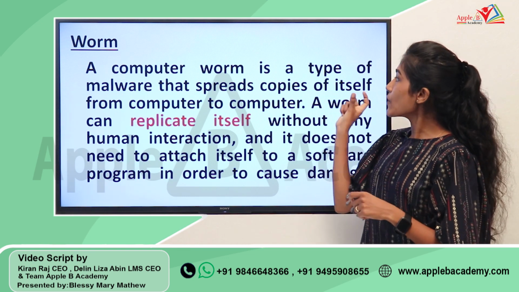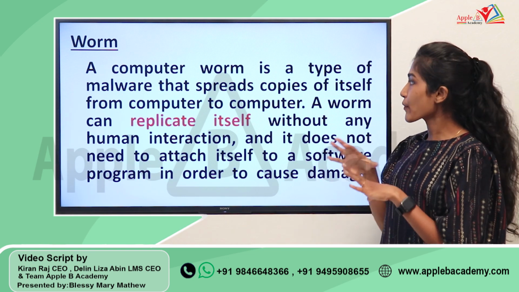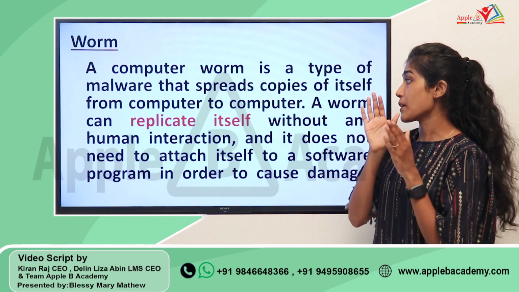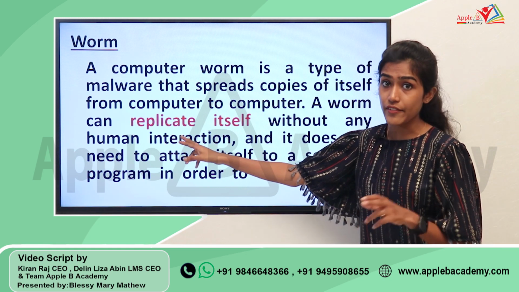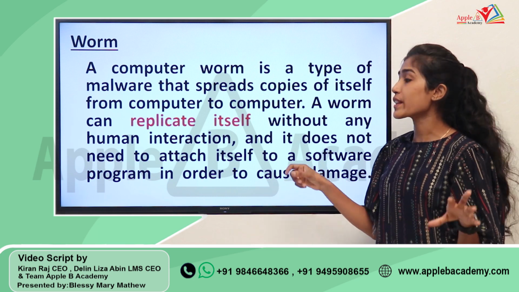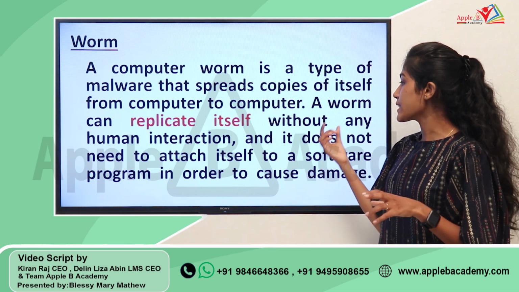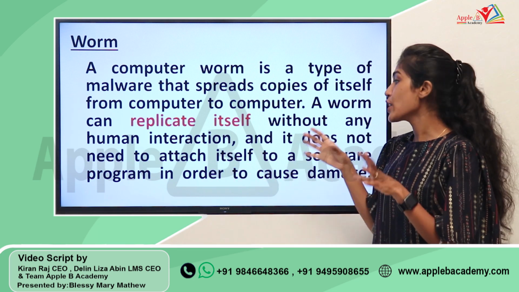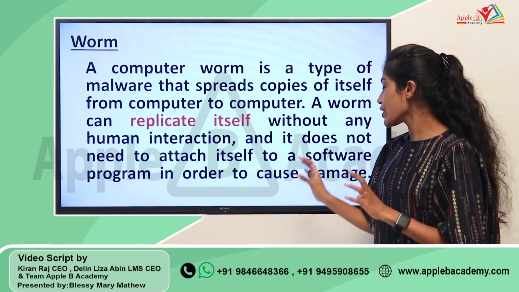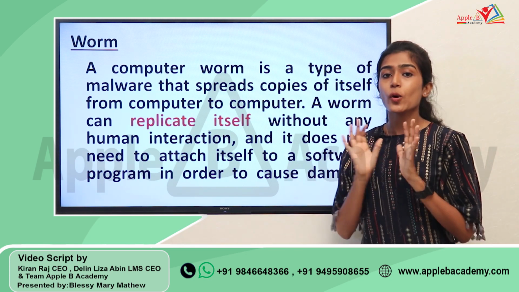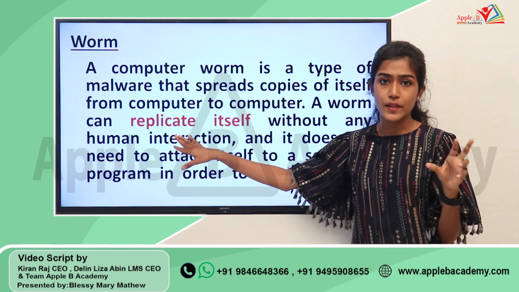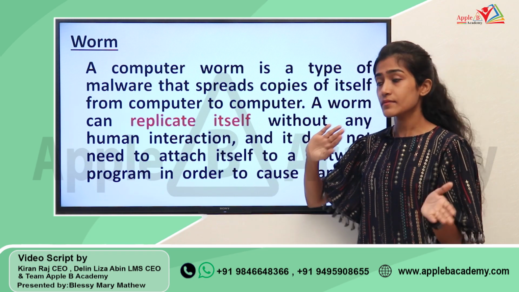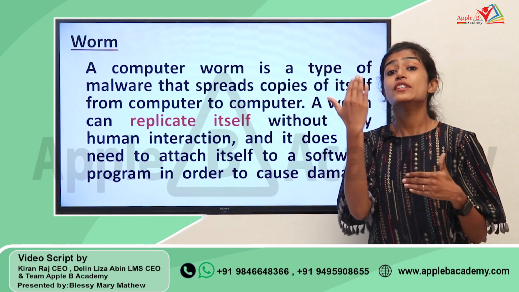Alright, so a computer worm is a type of malware that spreads copies of itself from computer to computer. A worm can replicate itself. It can self-replicate without any human interaction, and it does not need to attach itself to a software program in order to cause damage. So when it comes to a computer worm, you have to focus on this key term: it can self-replicate.